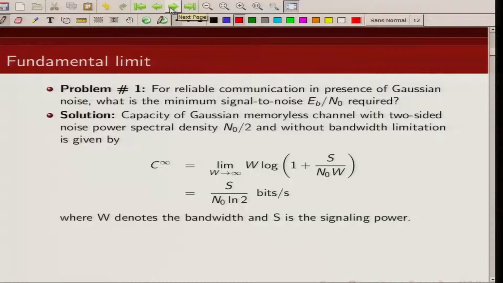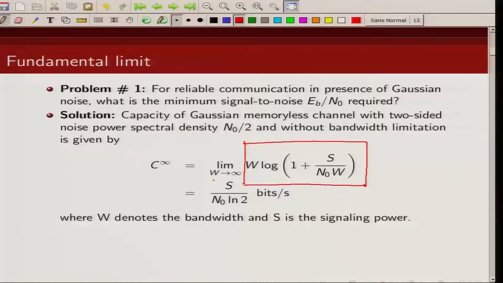For that we first need the expression for capacity of additive white Gaussian noise channel, which is given by this expression, where W is the bandwidth, S is my signaling power, N naught by 2 is two sided power spectral density.